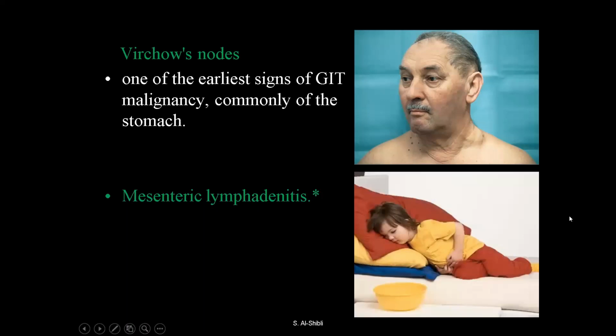Okay, so Virchow nodes you will face in your miserable occupation, as doctors. Mesenteric lymphadenitis is also important. We say to the layman that you, or your baby, have another tonsil in your abdomen.